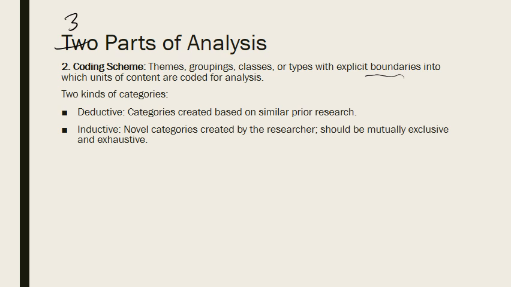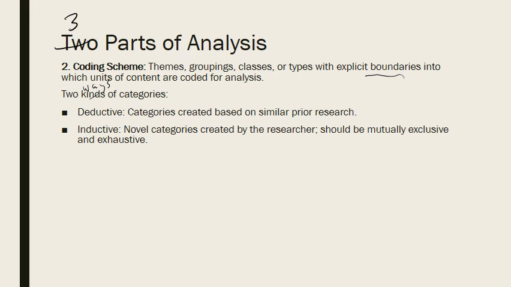So there's two different ways to categorize. One way is deductive, and that's where you already have pre-established categories before you even start the study. So for part of the study that we're looking at right now, liberal, conservative, neutral are deductive categories.